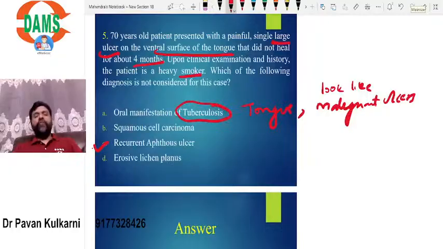Squamous cell carcinoma, of course, is the cancer where you will see such an ulcer. Recurrent aphthous, that's the correct answer here. This history does not suit aphthous ulcers. Erosive lichen planus, yes, sometimes erosive lichen planus can also present like this, with an ulcer on the tongue. Okay, so that is the question.